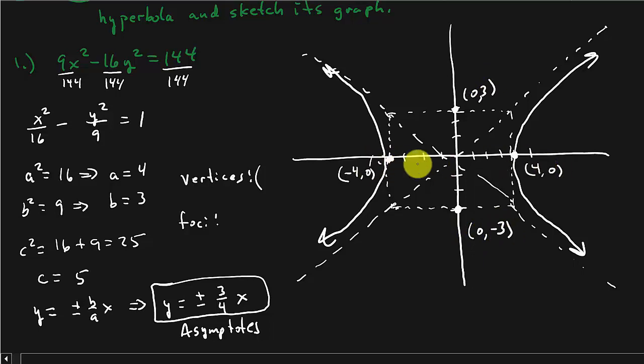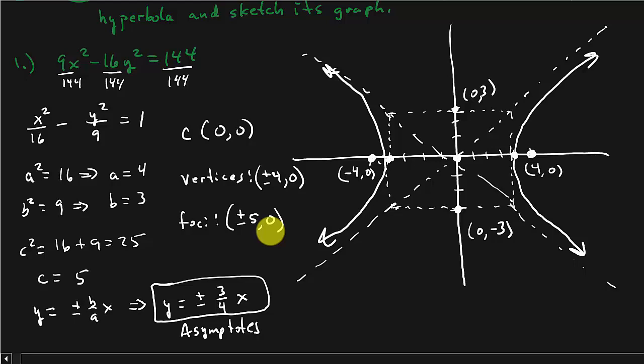So our vertices are here along the x-axis, and that's plus or minus 4, 0. And let's plot our foci. C is 5, so we're going to go 5 units to the right of the center and 5 units to the left. We can say the center is 0, 0. So our foci would be plus or minus 5, 0.